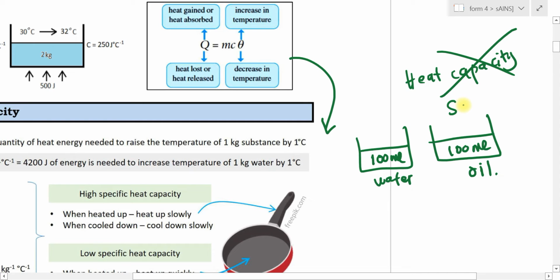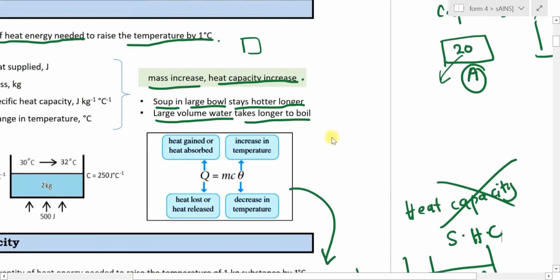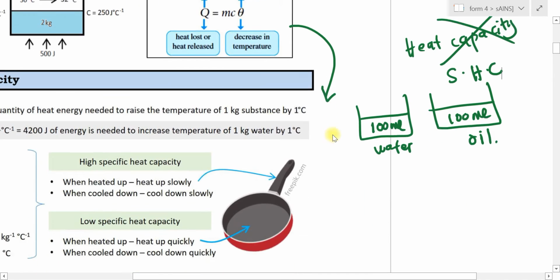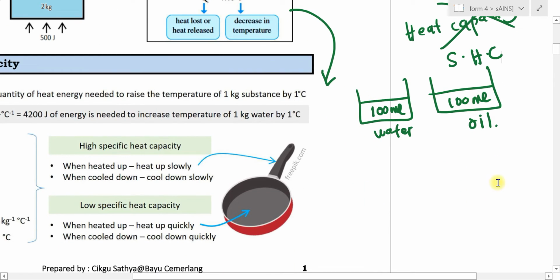Itu adalah case specific heat capacity. Sekarang mass dia sama. Tadi kita bincang, kalau mass meningkat, heat capacity meningkat. This one, the mass is the same. Tapi kalau kita panaskan, dua-dua serentak dengan api yang sama, which one will get hot faster? Water or oil?